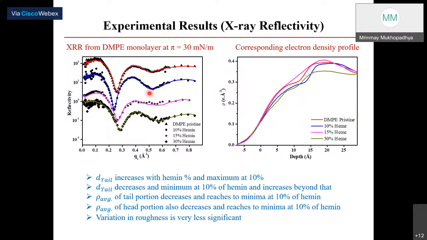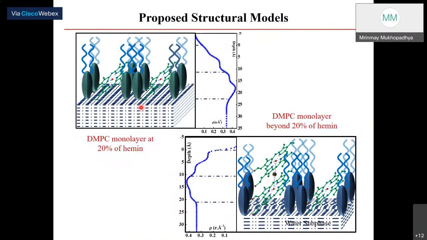So the same lipid molecule, DMPE or PC, you are just changing the head group, the PE and PC head group, and you can see how these heme molecules dictate the organization of these molecules. Here we have a cartoon.